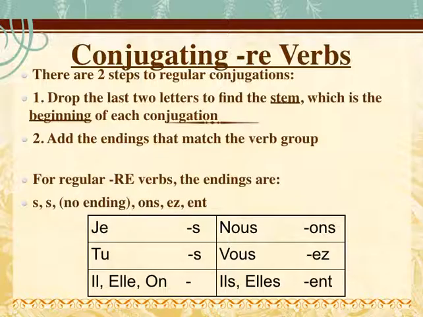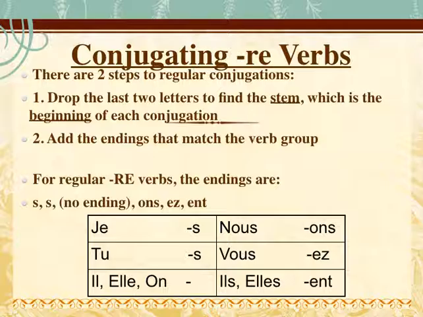This is the only part that's any different between our 3 main verb groups. We had ER verb endings, E, ES, E, ONS, EZ, ENT, and now we have RE verb endings, which are S, nothing, ONS, EZ, ENT.